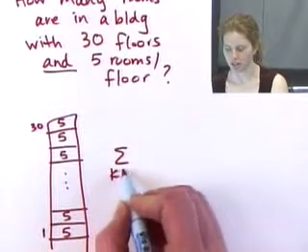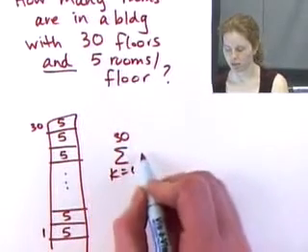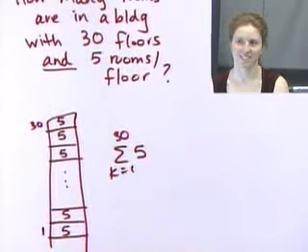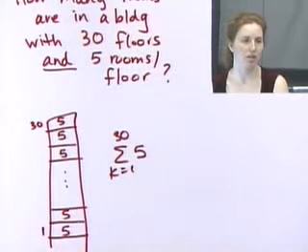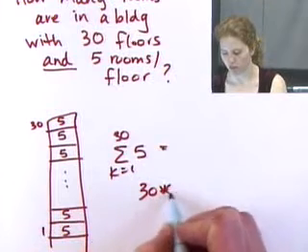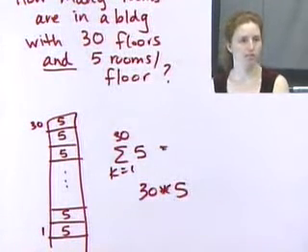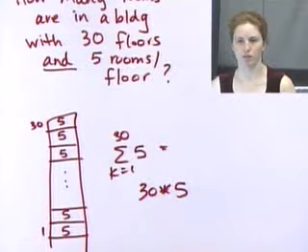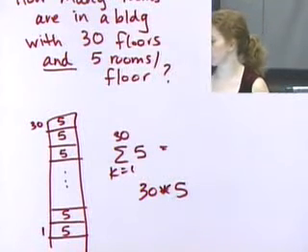The summation, just to torture you for a second. K equals 1 to 30 of 5. That would be 30 5s added together, right? Which is equal to 30 times 5, because I have 30 floors, 5 rooms each, so I would multiply those to find out how many rooms total.